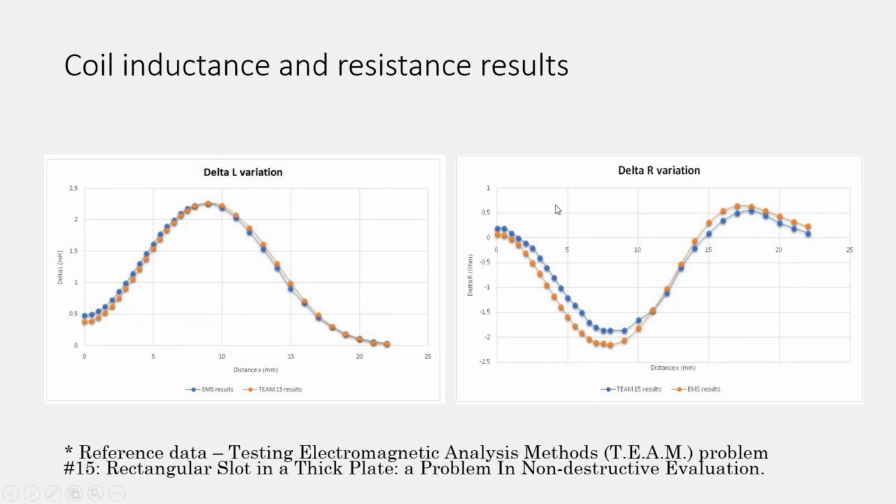At the same time, the effective resistance of the probe is dropping down, which is also expected because, again, at about 10 millimeters distance of the probe from the flaw, the eddy currents are the least, as well as the losses associated with those eddy currents, resulting in an effective decrease in the coil resistance.